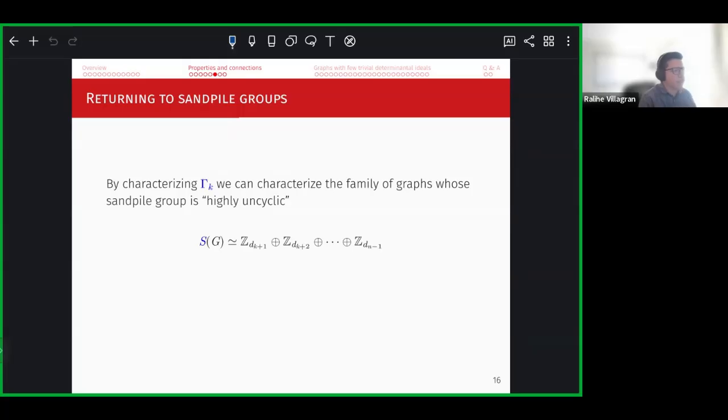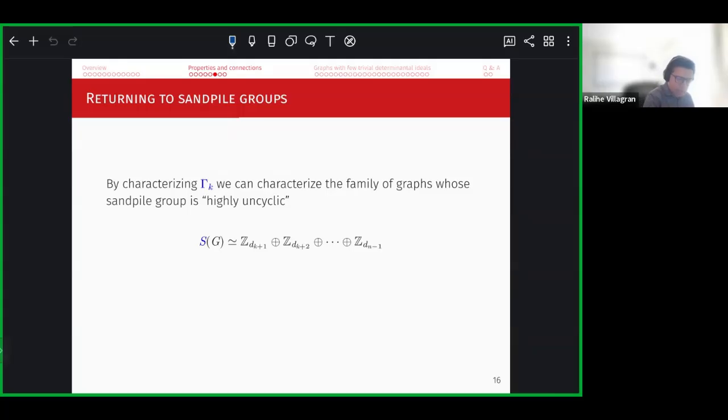By characterizing the set of graphs with at most k ideals trivial, we can characterize the family of graphs whose sandpile groups are highly non-cyclic.